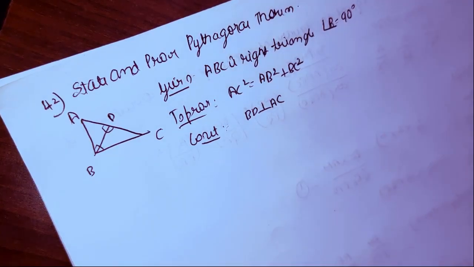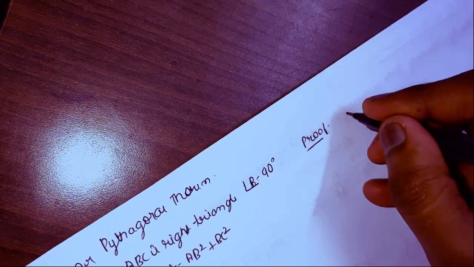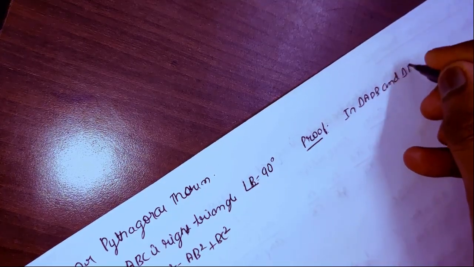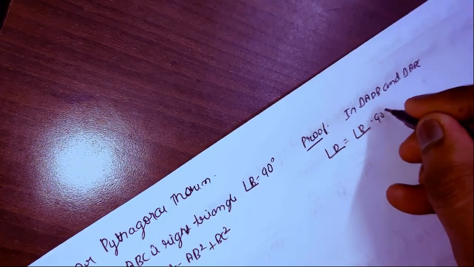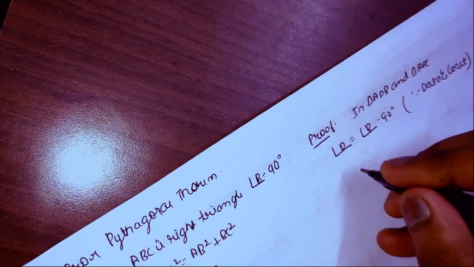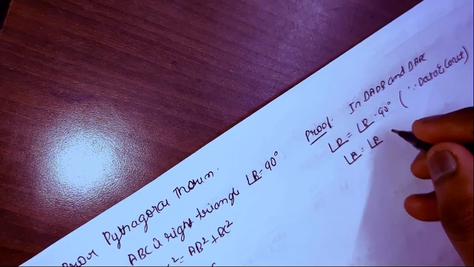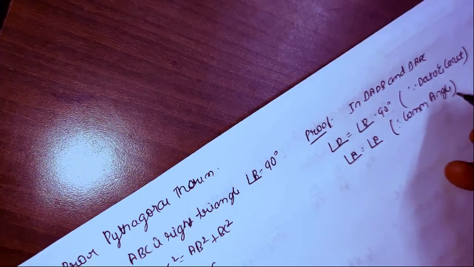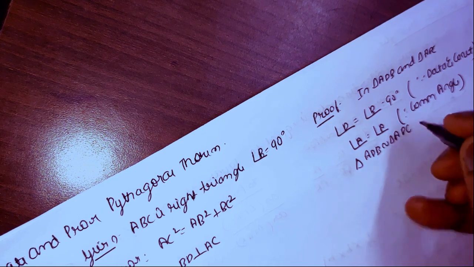Now we will look into the proof. In triangle ADB and triangle ABC, angle D is equal to angle B, that is 90 degree, by data and construction. That is nothing but given. Angle A is equal to angle A, that is by common angle. Triangle ADB is similar to triangle ABC.